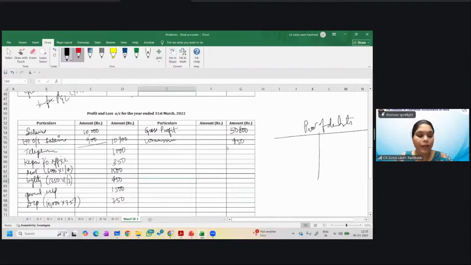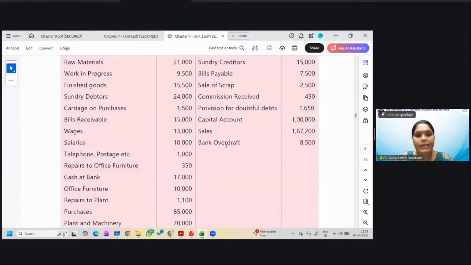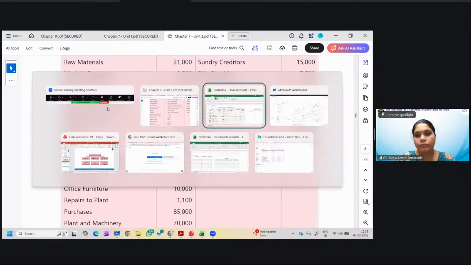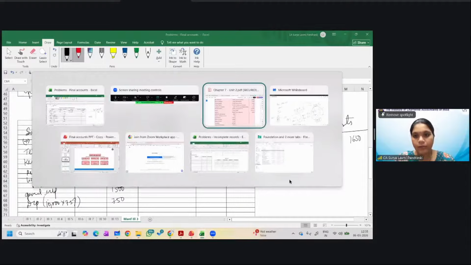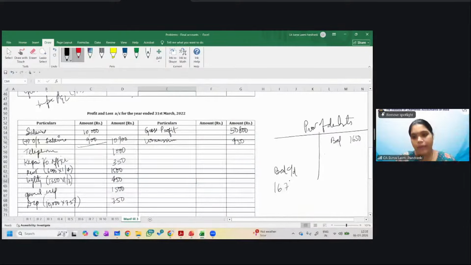I want everyone to do this calculation, please. 1% on what? Sales value. I'm showing up the value if you want. Calculate the value. 1,67,200 into 1%. Okay. 1,672.